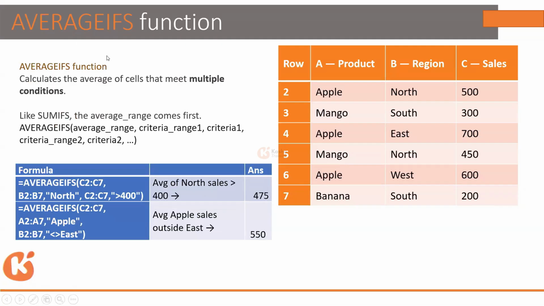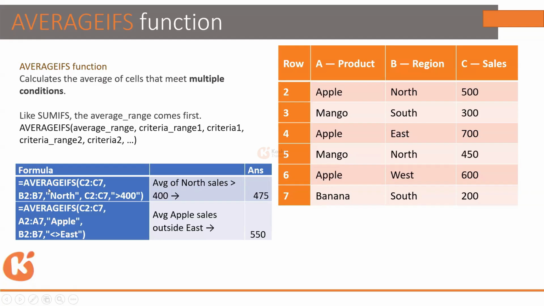Now let's see where we can use AVERAGEIFS. It calculates the average with multiple conditions. In AVERAGEIF we saw one condition, and in AVERAGEIFS, wherever the S comes in, you're calculating with multiple conditions. We have the same data range, and here we are calculating the average of North sales. This is your region and this is your sales.